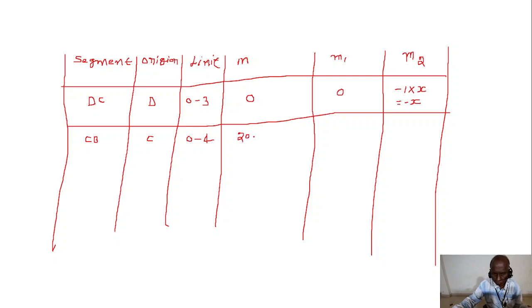Clockwise direction is positive. So this is 10 X square.